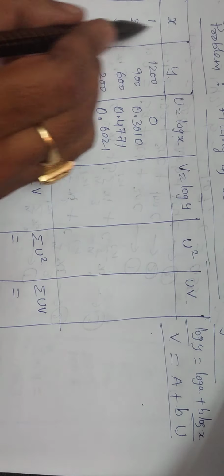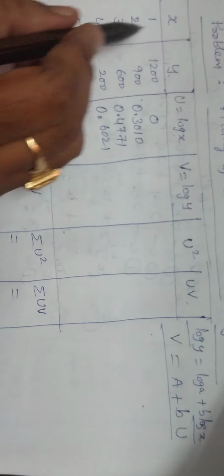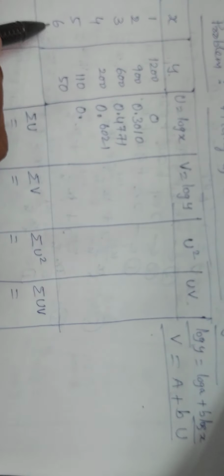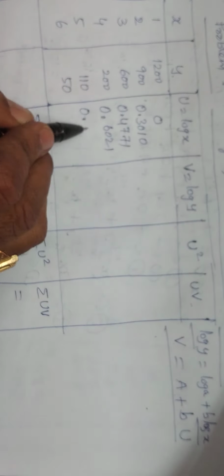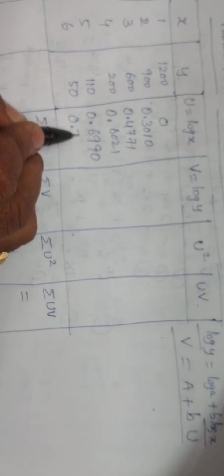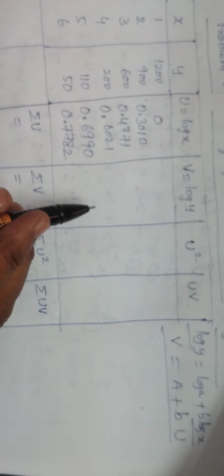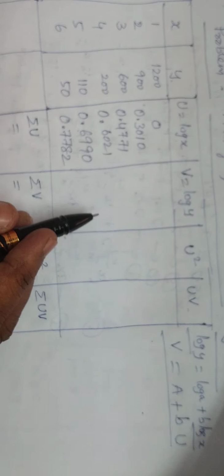Log 5 is 0.6990. And log 6 is 0.7782. I am just noting the values, so you please go and do it on the calculator. Using the calculator, you calculate the values.